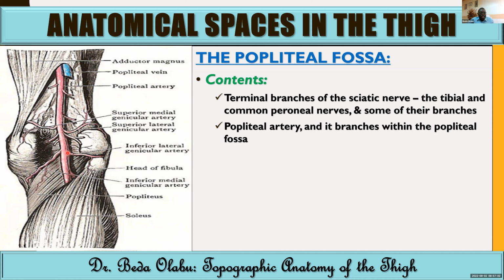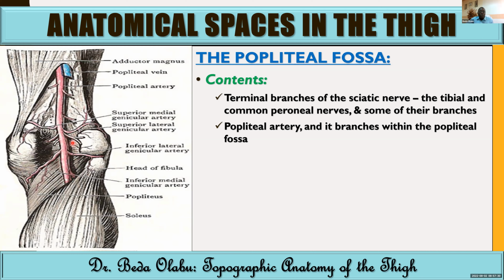So there's inferior lateral genicular artery, inferior medial genicular artery, superior medial genicular artery, superior lateral genicular artery, and middle genicular arteries as well. The middle genicular arteries may be double, maybe two of them. So those 5 or 6 genicular arteries are articular branches of the popliteal artery.